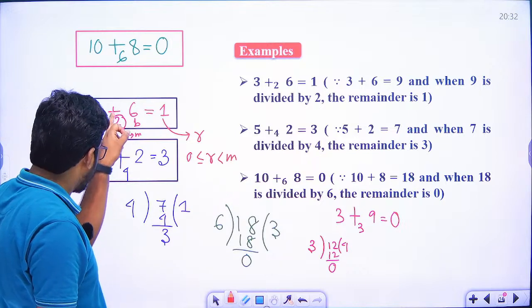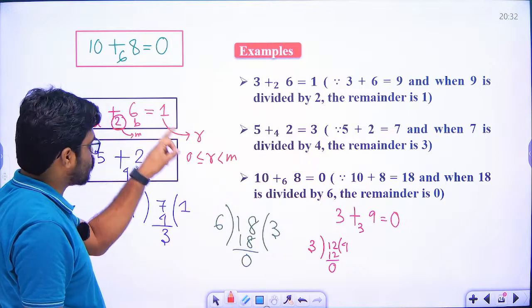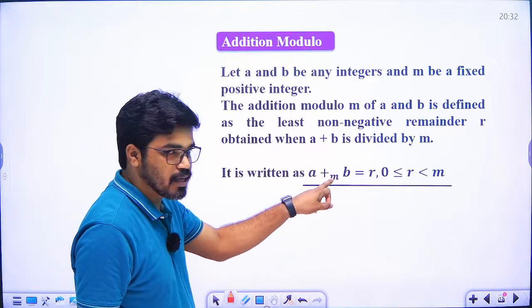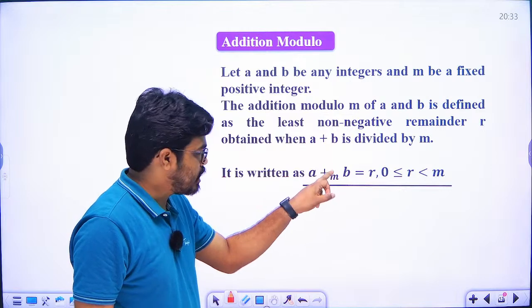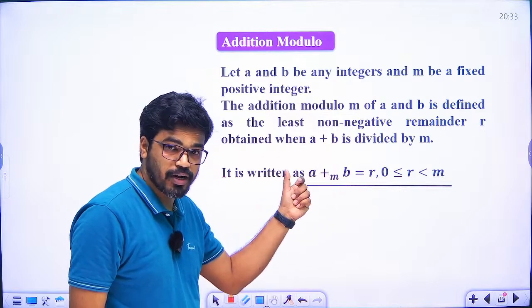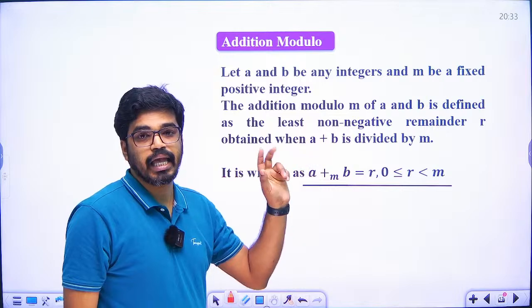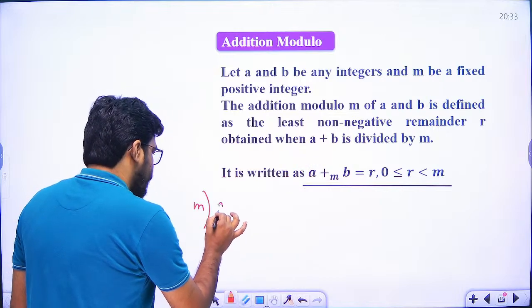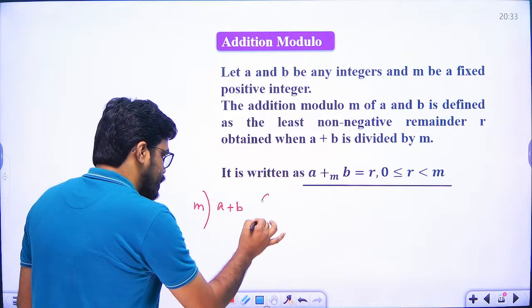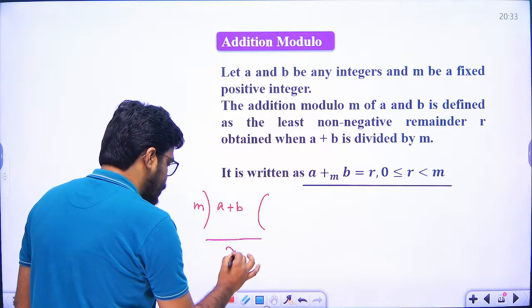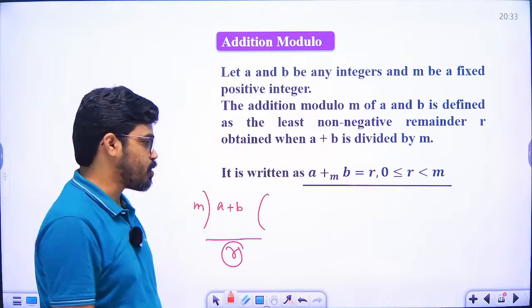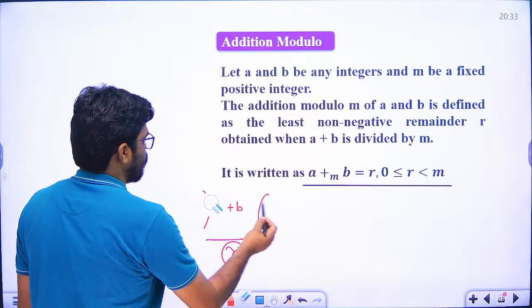So a plus m b, this is r, that is addition modulo m. We divide a plus b by m, and the remainder obtained is the answer. Clear? That is the concept of addition modulo.